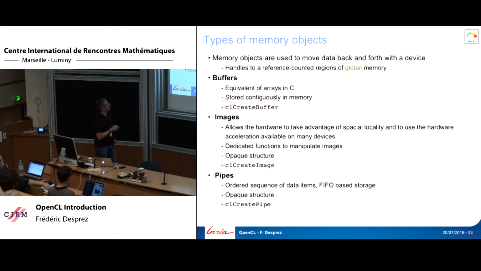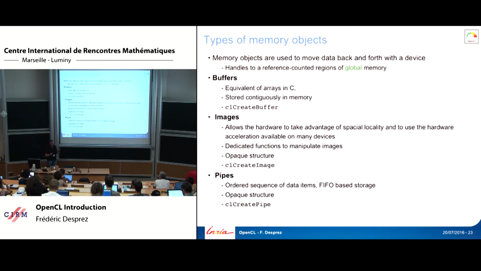And you can have pipes, which are sequences of data items managed in FIFO mode. These last two memory objects are opaque structures, so you don't know how they are mapped on the actual memory, which is not the case for buffers that are contiguous in memory. So you can play some optimization tricks on these buffers.